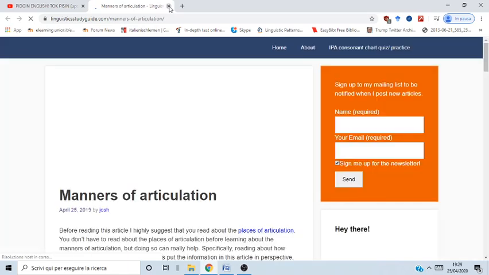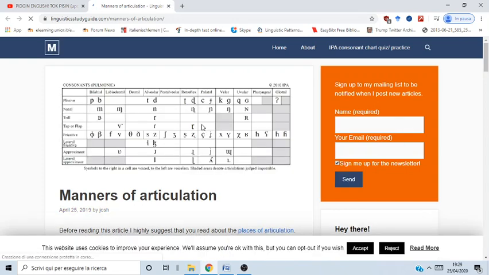This one should be about the manner of articulation. Okay, but anyway, you'll study it later on. So this chart shows you the manner of articulation and what parts of your body are involved in pronouncing different sounds and how you classify them.